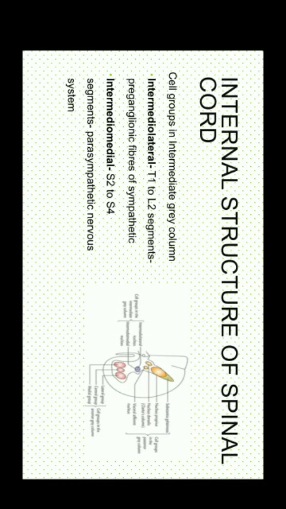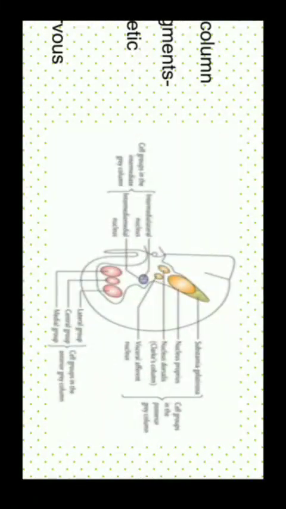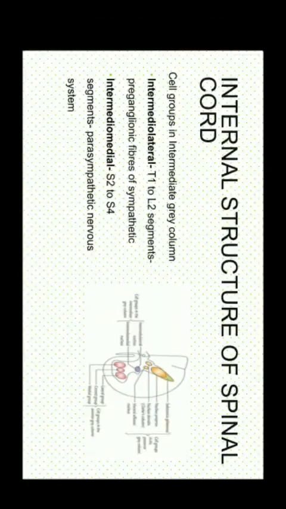Now let us see the intermediate gray column. This intermediate gray column is divided into the intermediolateral and intermediomedial nucleus. The intermediolateral is present along T1 to L2 segments.